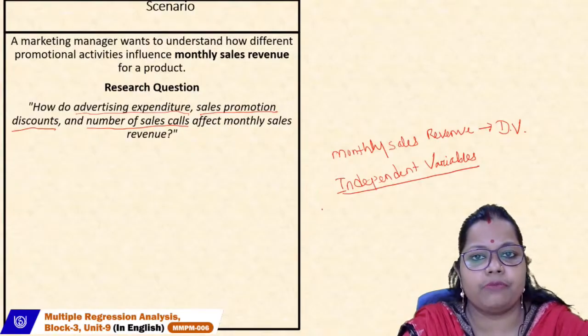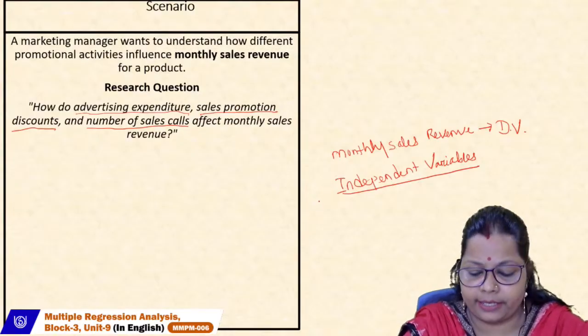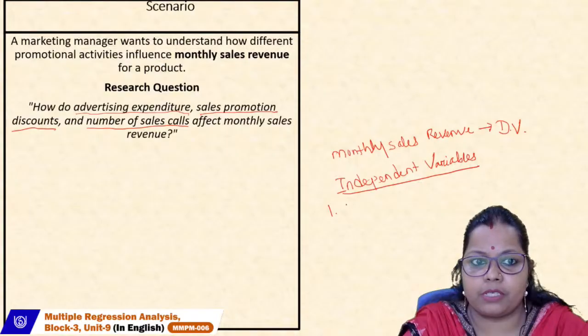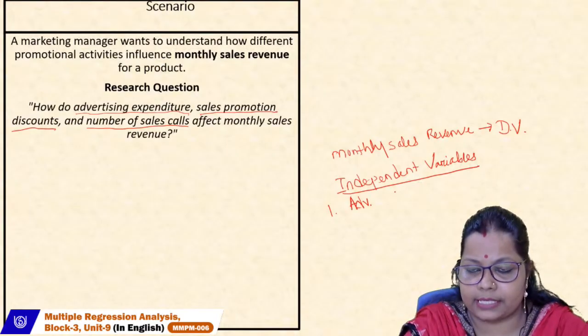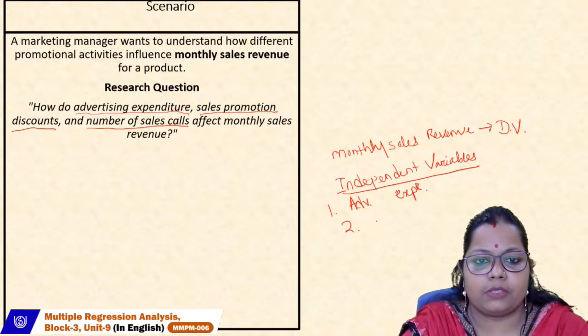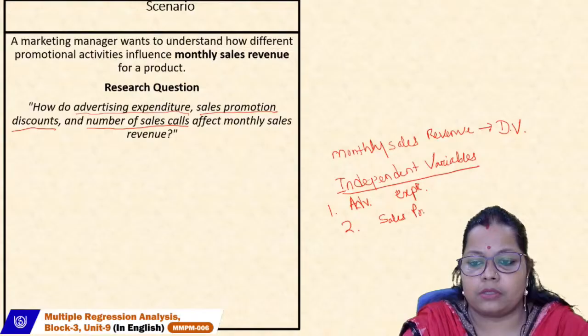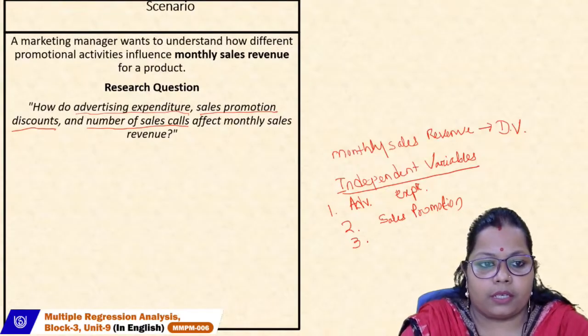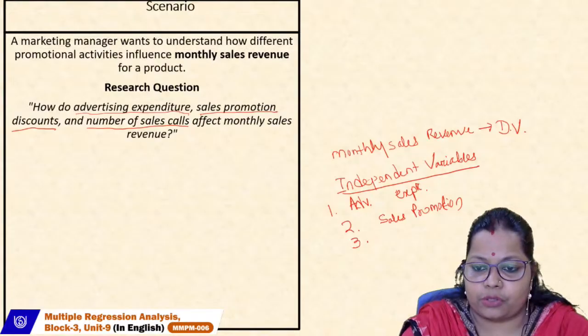But in the research question we defined all the variables independently. The first one was advertising expenditure. Second was sales promotions. And the third was number of sales calls.